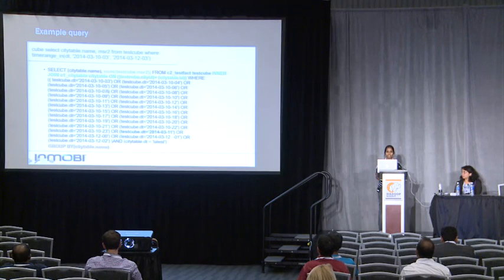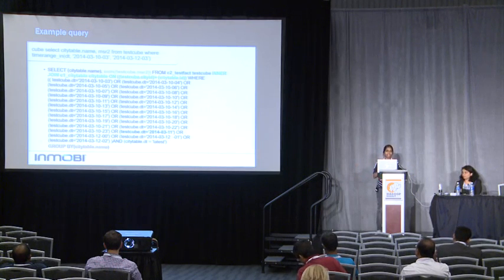Then it has picked up some hourly partitions and a daily partition, because the 2-day range includes some hours of the previous day, some hours of today, and a day in between. So it has picked up hourly partitions from 10th March 3rd hour to 23rd hour, then 11th March, and then 12th March till 2nd hour. It figures out whether it has to pick up daily or hourly partitions depending on that.